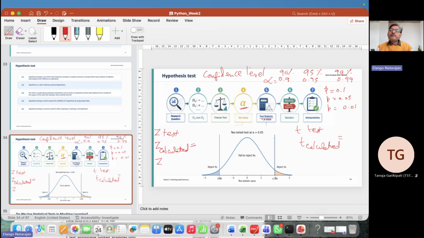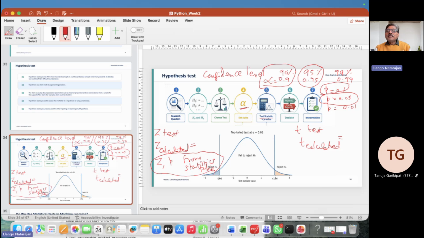If you are working with 90% confidence, your p value will be 0.1. If you are working with 95% confidence, your p value will be 0.05. So what we do is take this Z value and p value from your statistics table. You have to refer to the table and take it. Then you go with the decision.